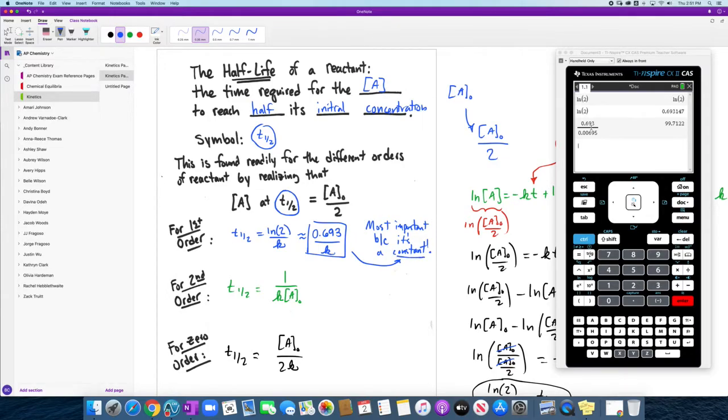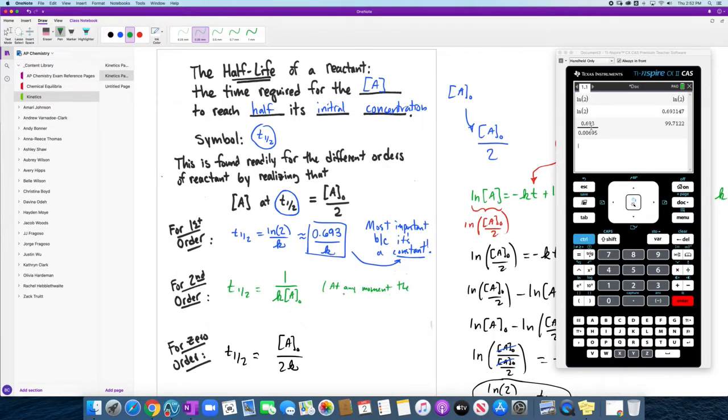In contrast, for second order and zeroth order reactions, you do not have a constant half-life. Look at the expression here for the second order one. 1, well, that's a constant. k, that's a rate constant, that's constant. But the initial concentration, that is changing all throughout the course of the reaction. At any given moment, the half-life is changing.